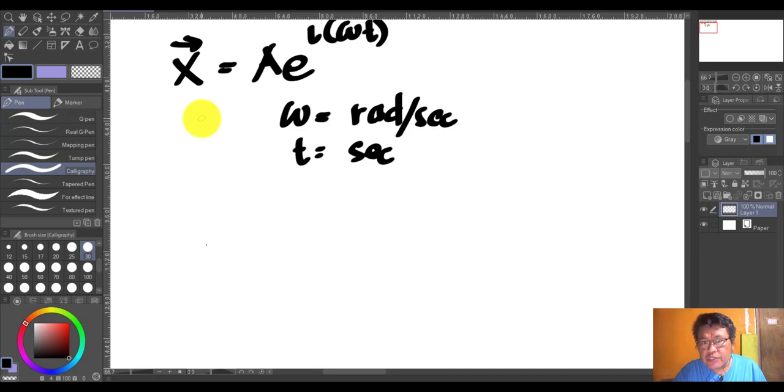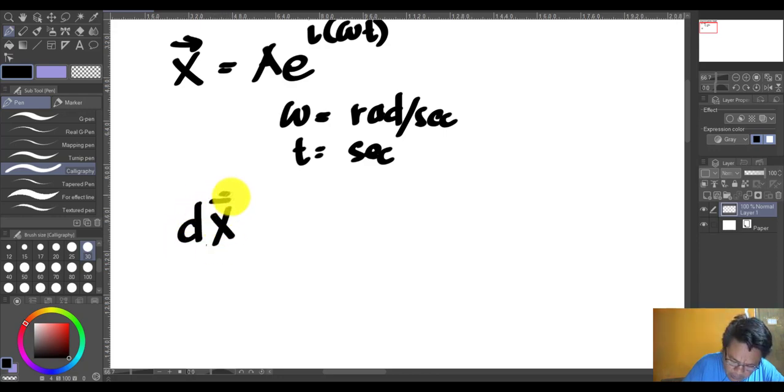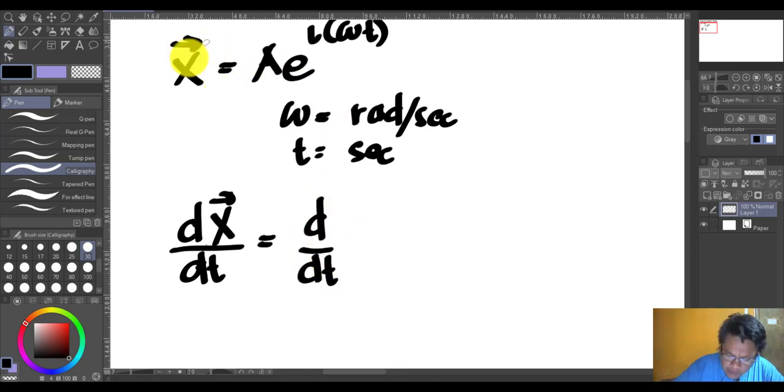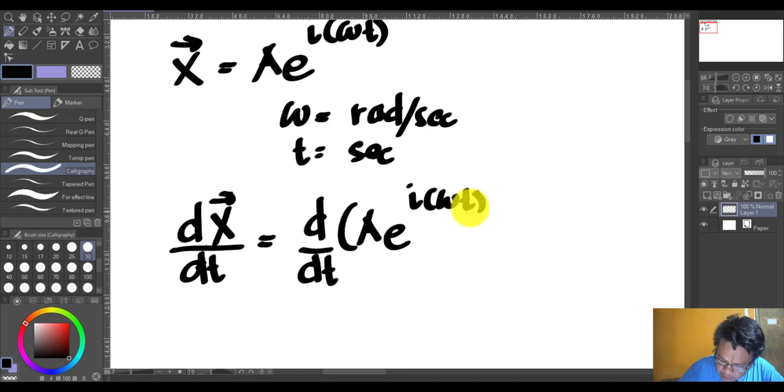Now the differentiation of the harmonic motion of this equation is given with respect to time. So I can write here d, the rotating vector, differentiated with respect to time, and we can substitute the value of x bar, so that will be A e raised to i times the angular velocity times time.